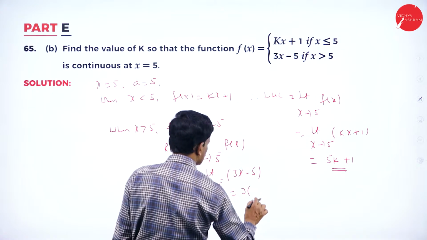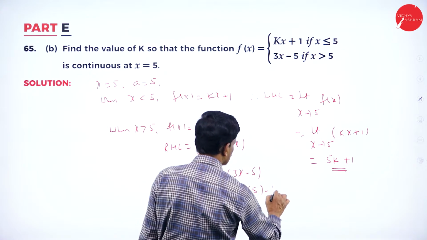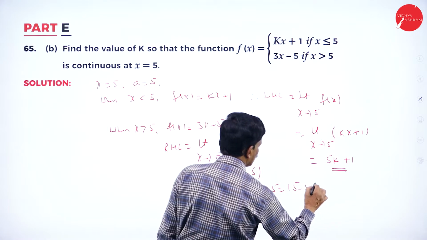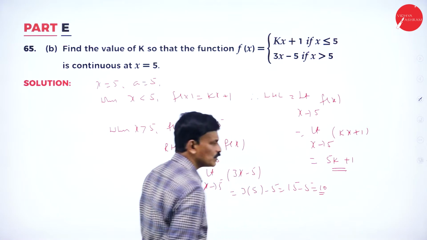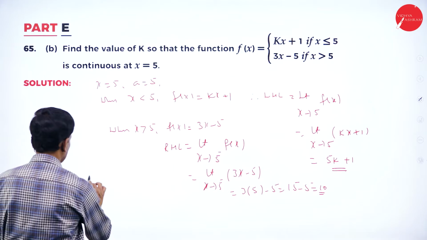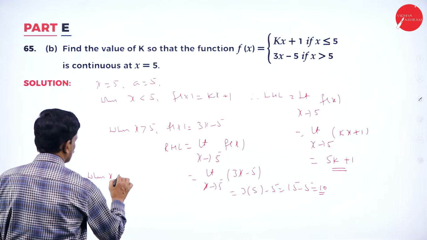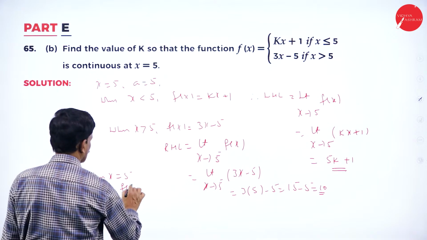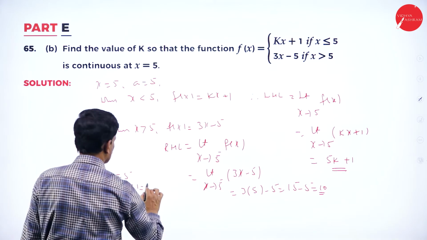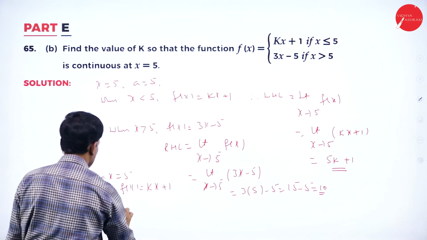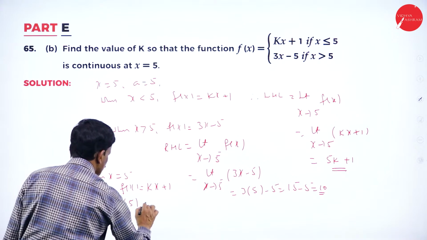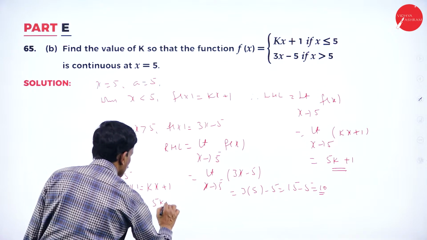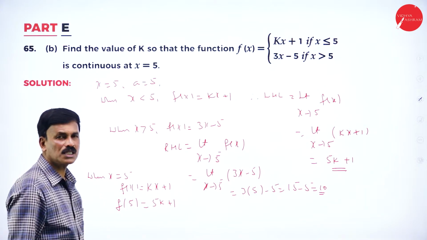Put x is equal to 5: 3 into 5 minus 5, that is 15 minus 5, equal to 10. Now when x is equal to 5, f of x is equal to kx plus 1. So f of 5 is equal to 5k plus 1. So these are the values.